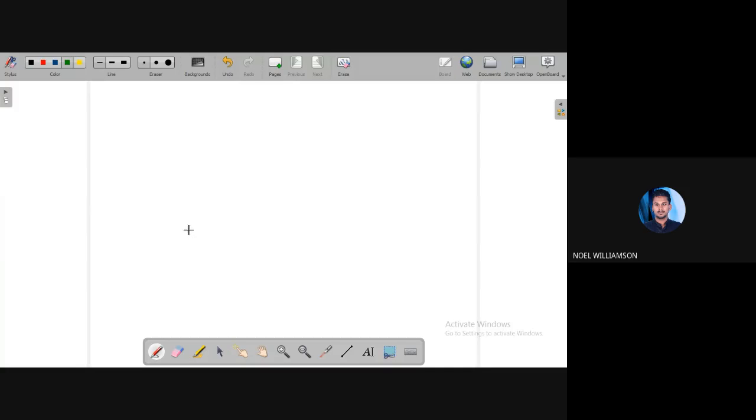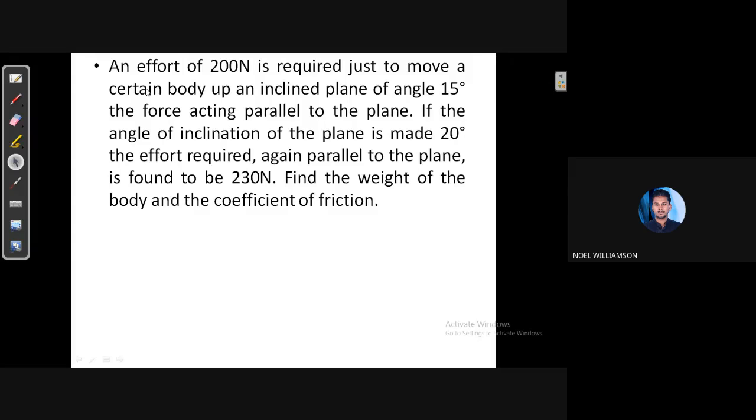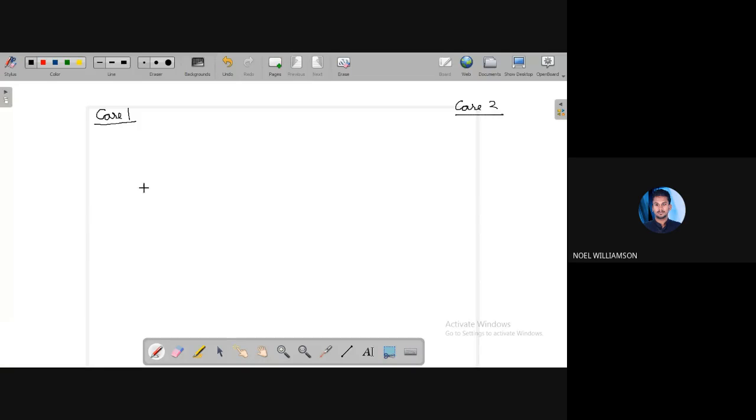So the first case, you can write case 1, and next case 2. Okay, you can do it in parallel. So case 1, what is given? Effort of 200 Newton is required. There, the angle of inclination is 15 degree. So we may draw the figure.